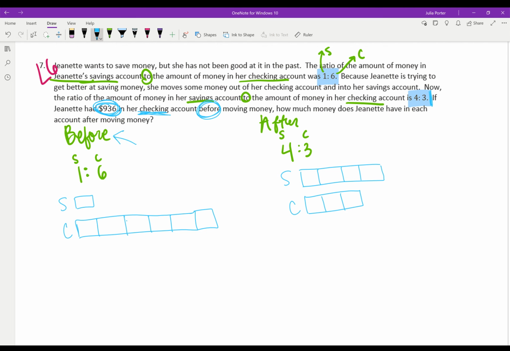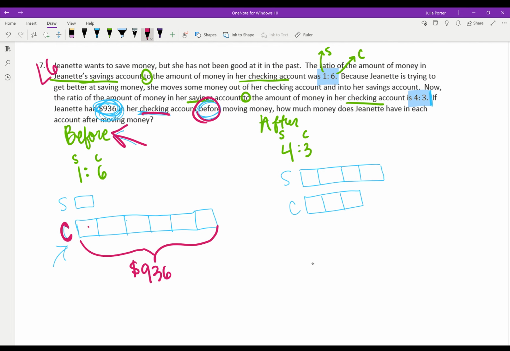I see that this right here is before, and I know that this represents the checking account. Since it has 936 talking about my checking account before, that means that these sections right here are our checking before, meaning that this is going to be our $936. That's how I know that this is going to be equal to my 936.